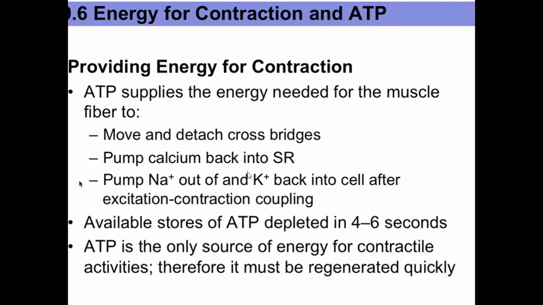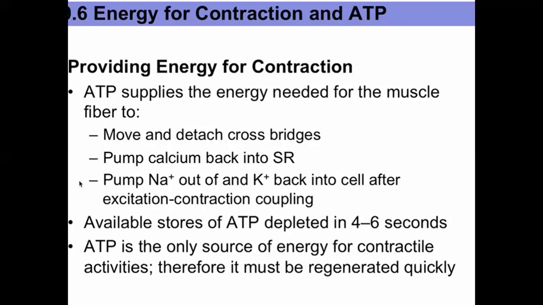And you find that the ATP which is already flooded within the sarcoplasm cannot last long. On average, 4 to 5 seconds or even 6 seconds. So on average, talk of 5 seconds, and you've depleted your cytosolic ATP.